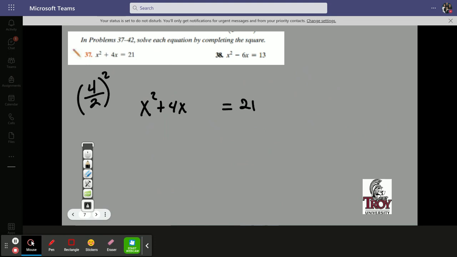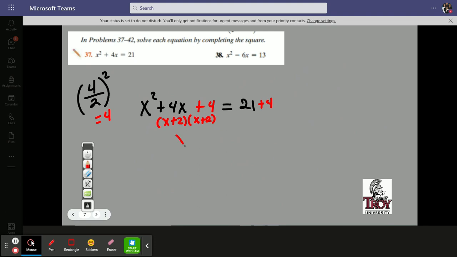What's that going to equal for me? So I'm going to add a 4 to both sides. Right? What can I multiply to get a 4 and add to get a 4?